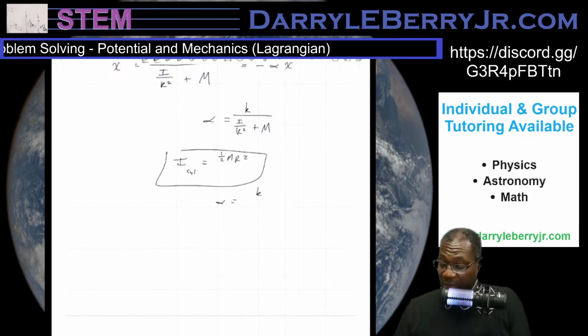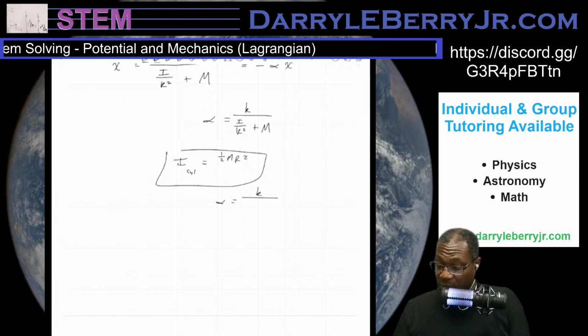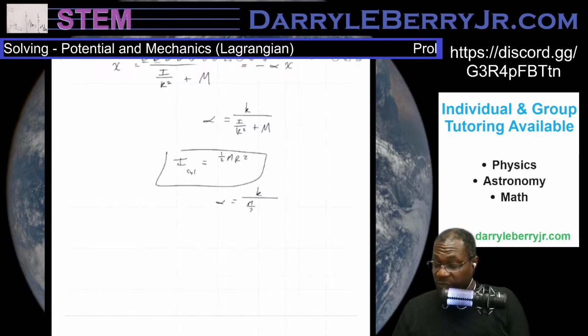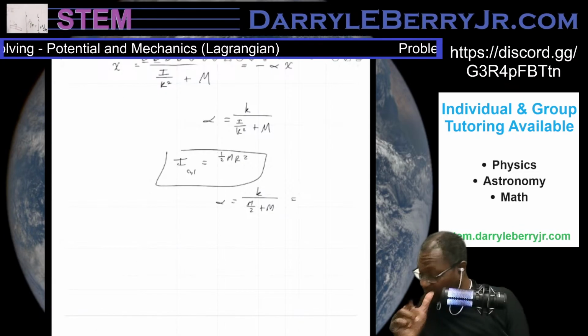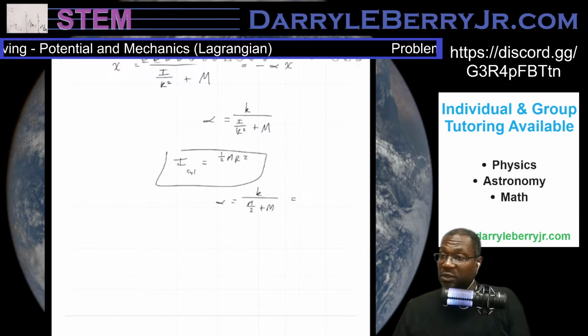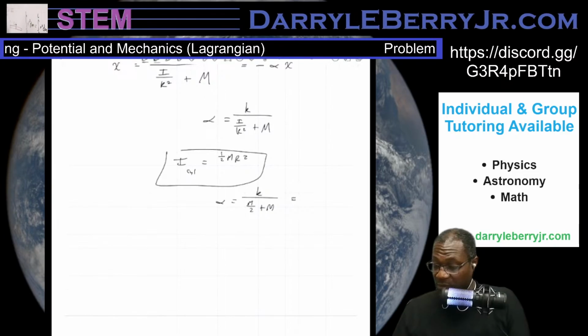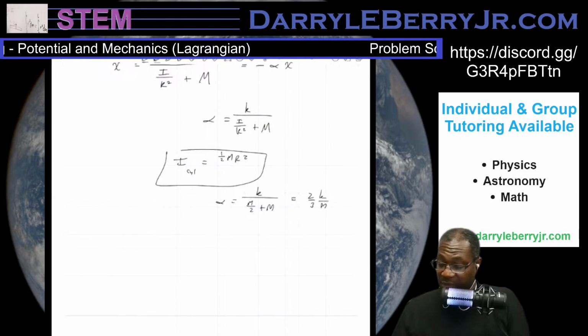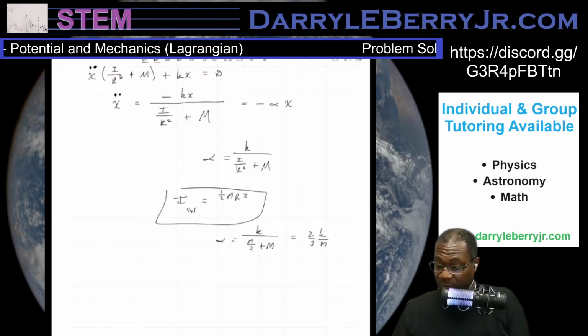So alpha equals k over 1/2 plus m. So that equals 3m over 2. So 2/3 k over m, if I did the algebra right.